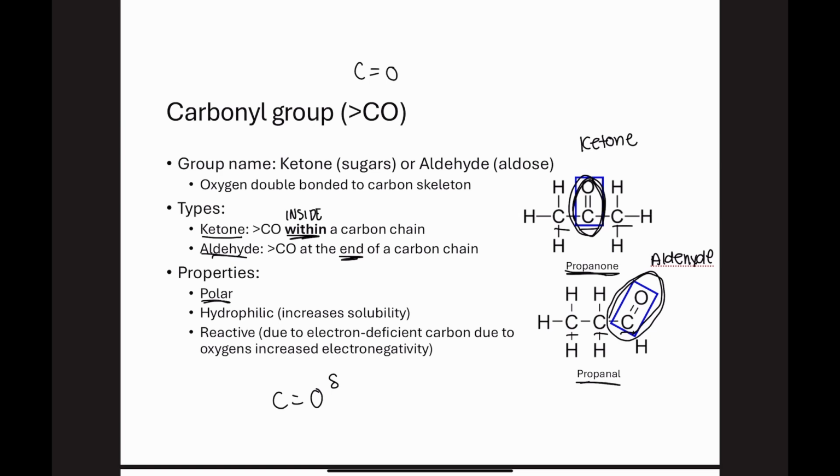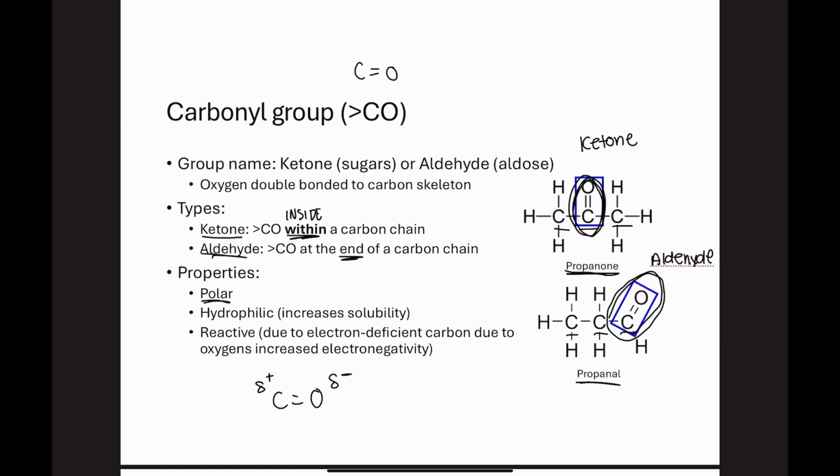It has more electron density, and because it's more electronegative, it has a partial negative charge. Meanwhile, the carbon is going to have a partially positive charge. This polarity is what's going to allow our carbonyl containing compounds to interact with other polar molecules, and it makes them reactive in a lot of chemical reactions.